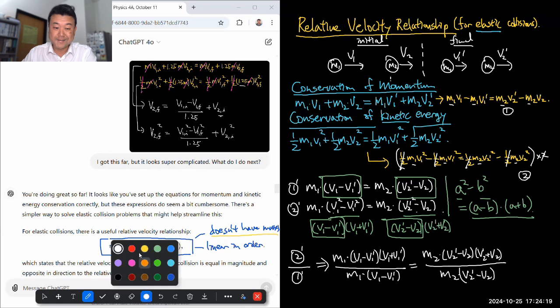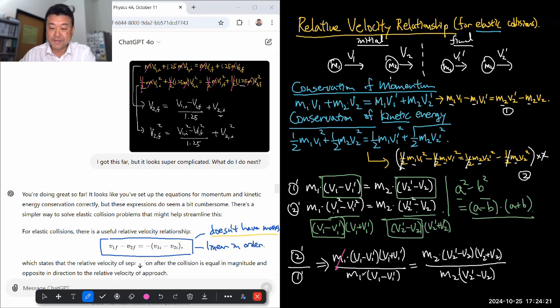So a lot of things cancel out. I get the masses canceling out. That's what I was looking for, so that my final expression won't have masses. And this is the part that makes my final resulting equation linear in order. This one, linear dependence on velocities, cancels out from the factored expression.